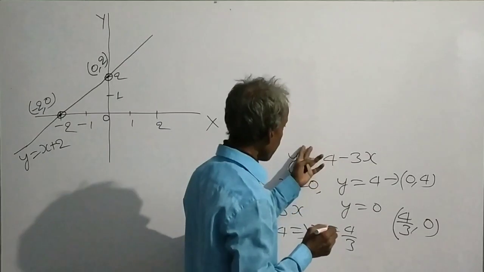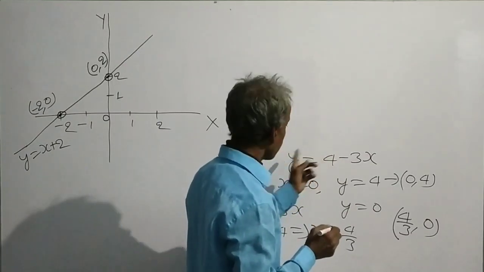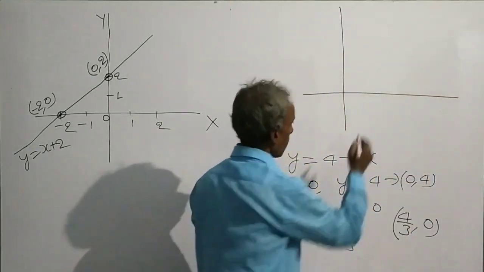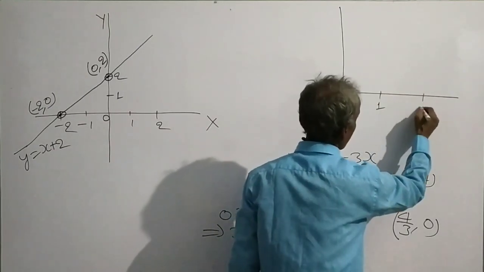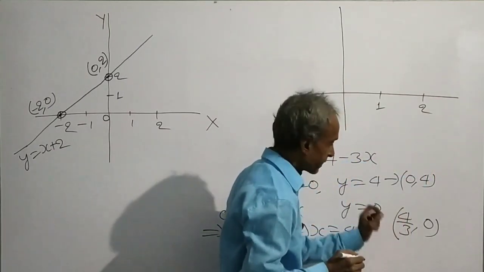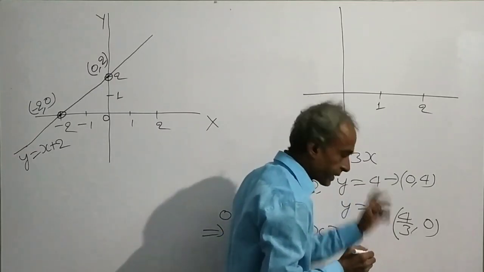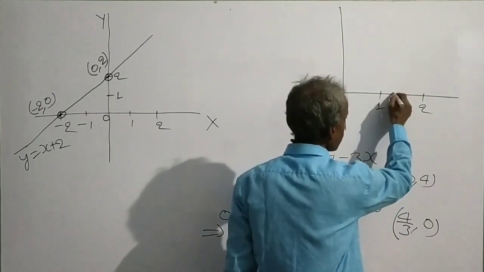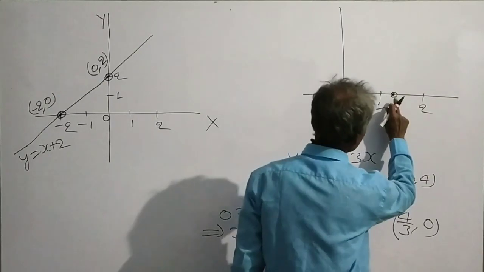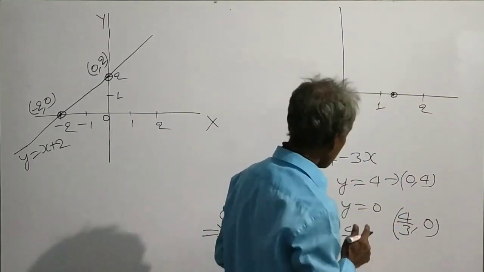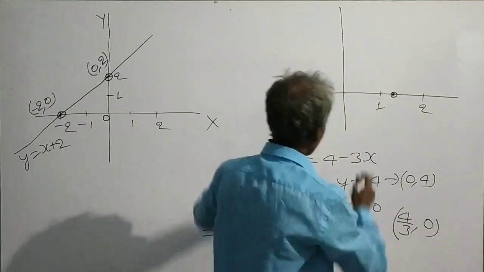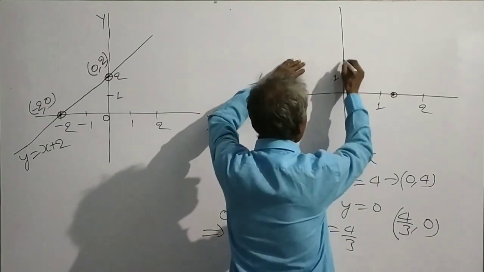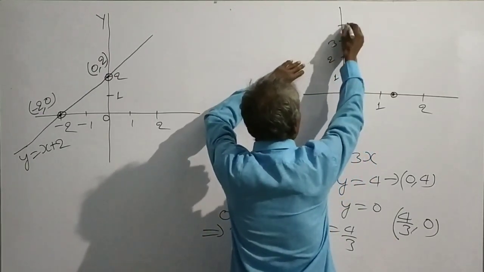Therefore, now we can draw this straight line. 1, 2, 4 by 3 means 1 whole and 1 by 3. The point will be something like this at this place. 0, 4, x coordinate 0 and y coordinate 4. 1, 2, 3, 4.